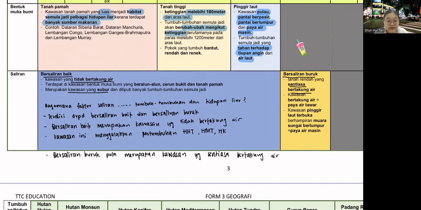All right, and then we go further with your explanation. Contoh tumbuhan di kawasan ini ialah hutan paya air tawar dan hutan paya air masin.